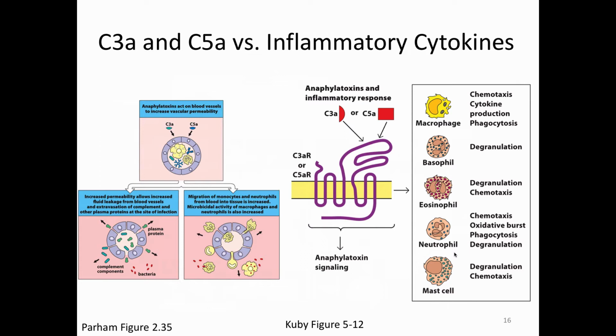So C3a and C5a basically act as inflammatory chemokines and induce the same kind of permeability, the same kind of migration, all the same effects that we saw with those inflammatory cytokines and chemokines. They signal through receptors that are quite similar to chemokine receptors and lead to a lot of the same effects that we're seeing. So as much as I can try to separate out all of these responses, you can see that they are all very closely tied together.